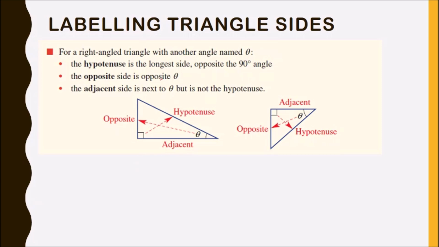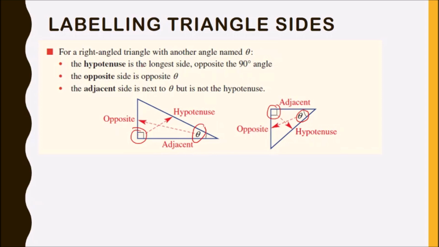So in terms of labeling the triangle sides, we usually deal with right angle triangles, and that's denoted by a little square here and here, you can see. Usually when we deal with the hypotenuse, opposite, and adjacent, we also deal with another angle, and that's denoted by this symbol here, which I've discussed in the success criteria.